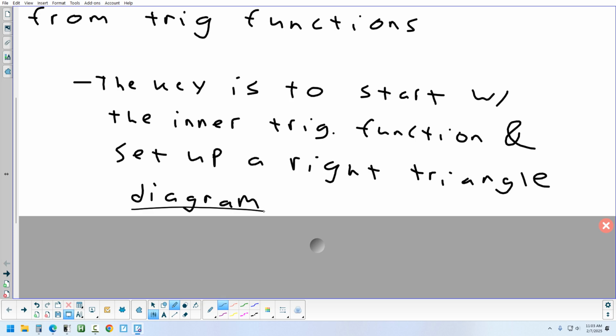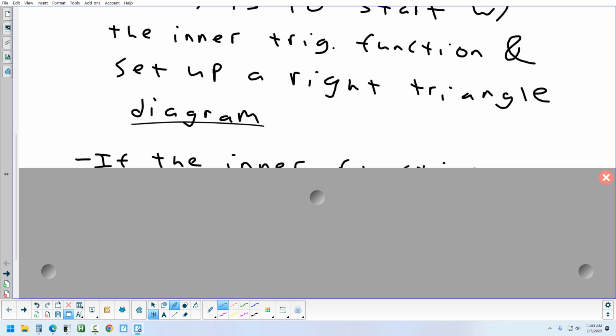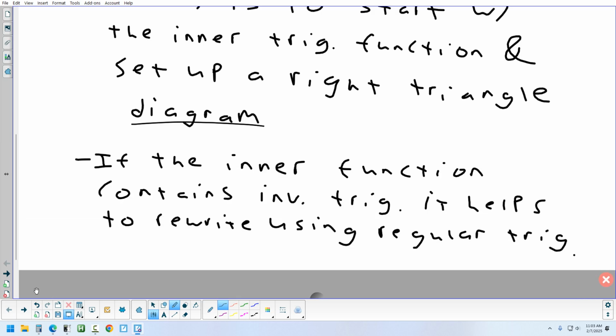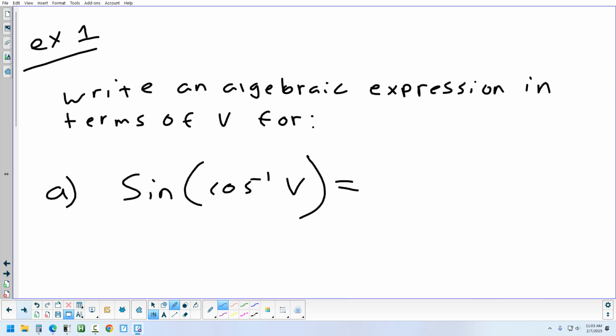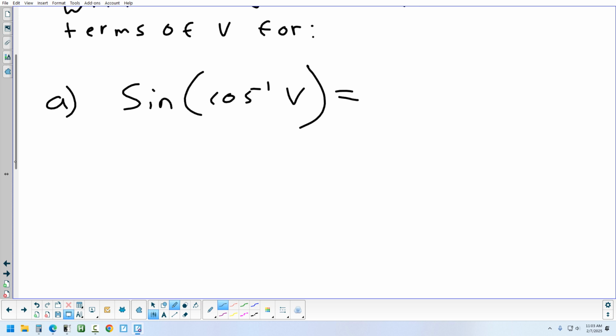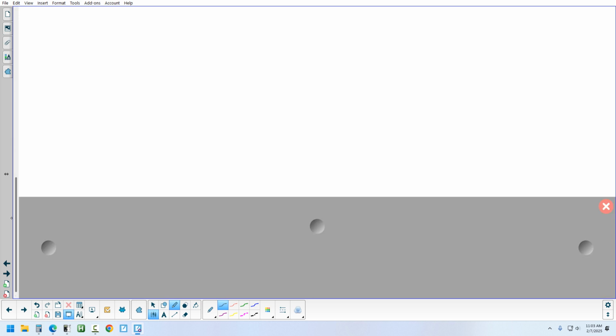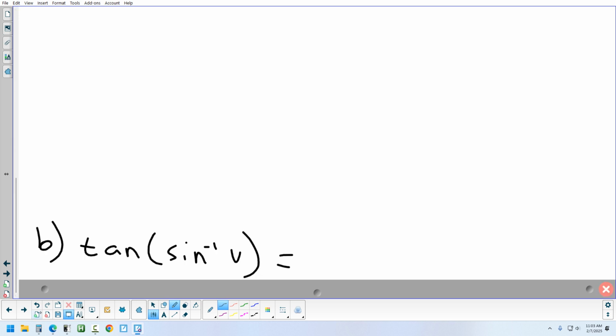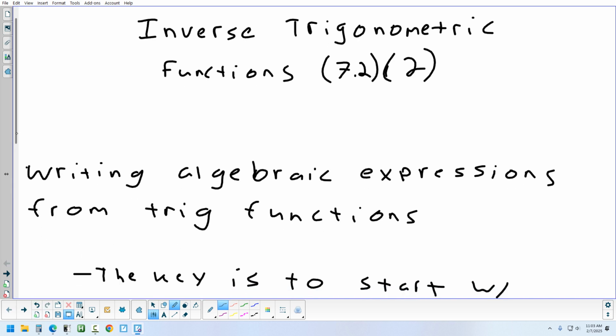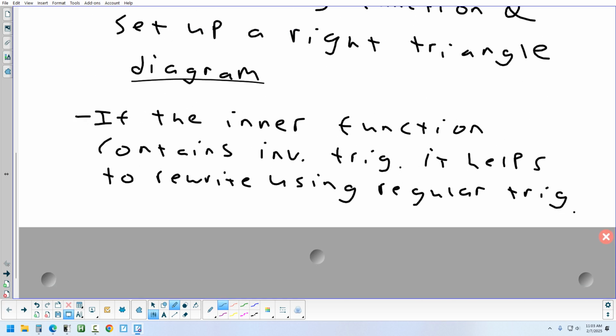Part of drawing that diagram is going to mean we need Pythagorean theorem. So we are going to use that again. When you're working with the inner trig function, if the inner trig function is inverse trig, like this one, and that one is also inverse trig, it's going to help to think of that function using regular trig. Right?